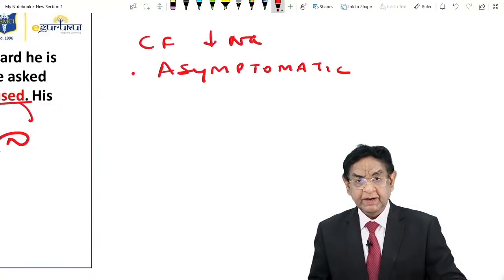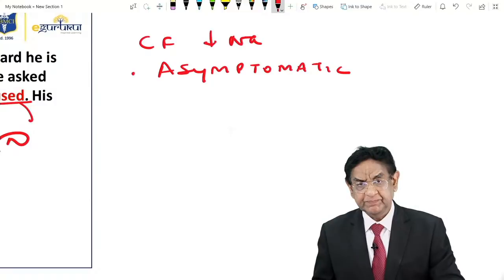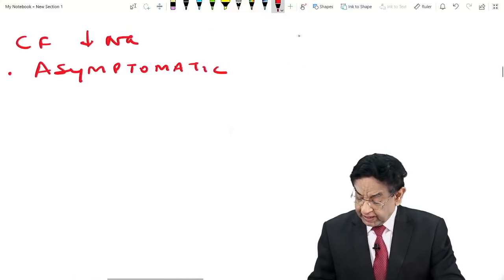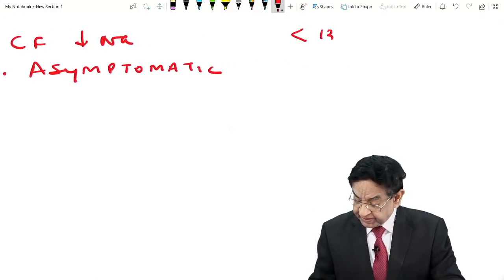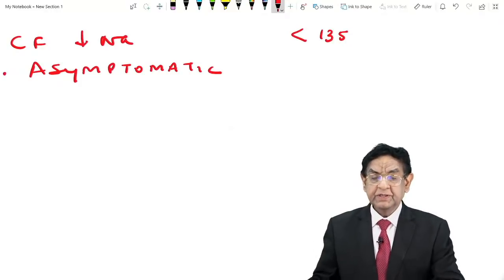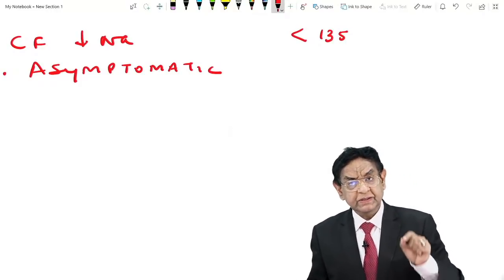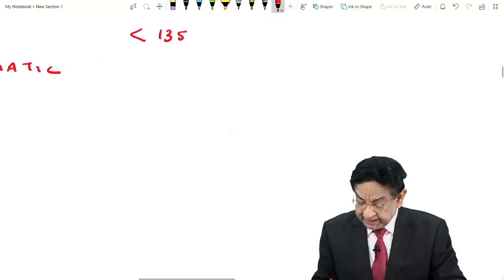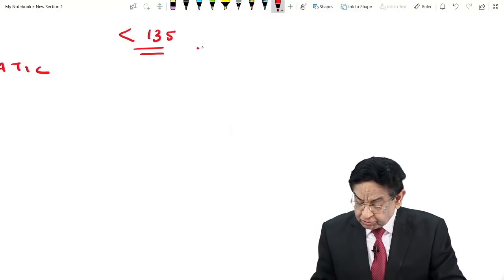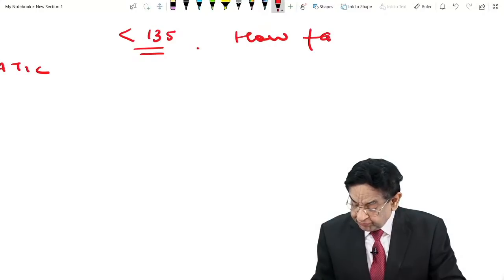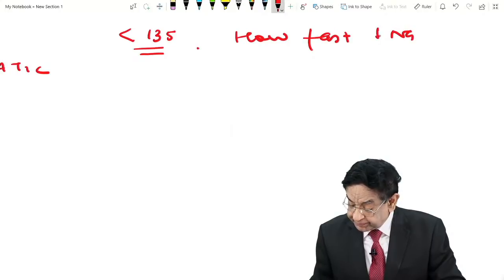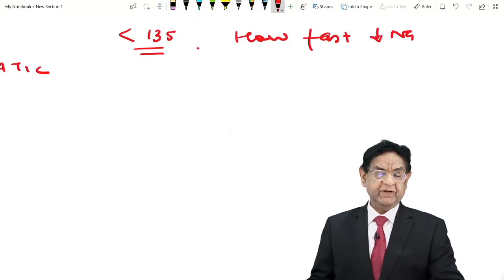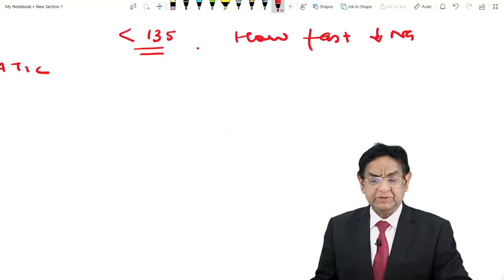Now it has a relevance. I told you hyponatremia means less than 135. The clinical features depend not only on the sodium level, but also on how fast the hyponatremia has developed.